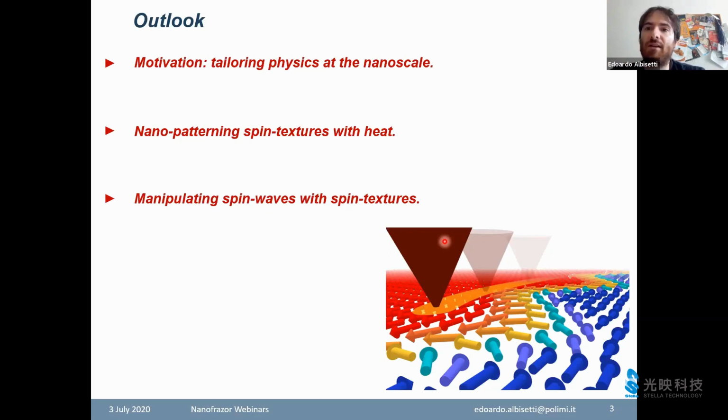And then a particular application of the spin texture, that is for manipulating the dynamics of the magnetization, and in particular, a specific kind of dynamics of the magnetization that is called spin waves, that are propagating perturbations in the spin texture of the ferromagnetic materials.